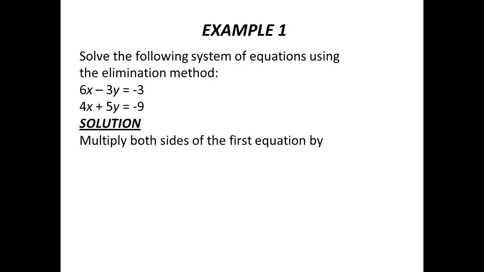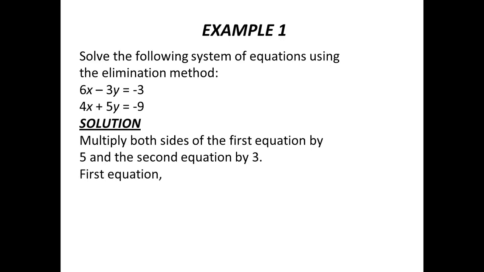Solution. In order to eliminate one of the variables, we're going to multiply the first equation by 5 and the second equation by 3. The first equation gives us 5 times 6x minus 3y equals 5 times negative 3.